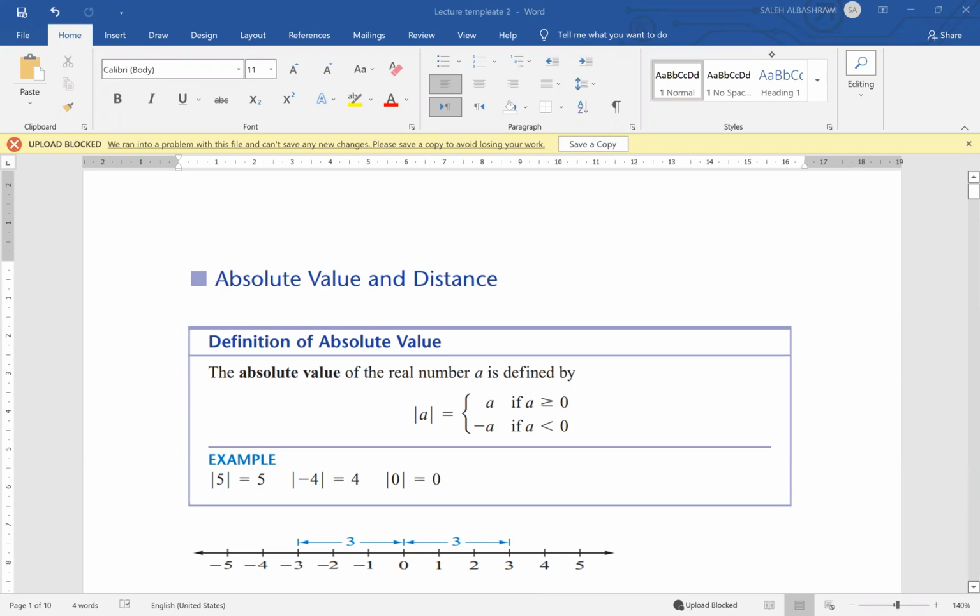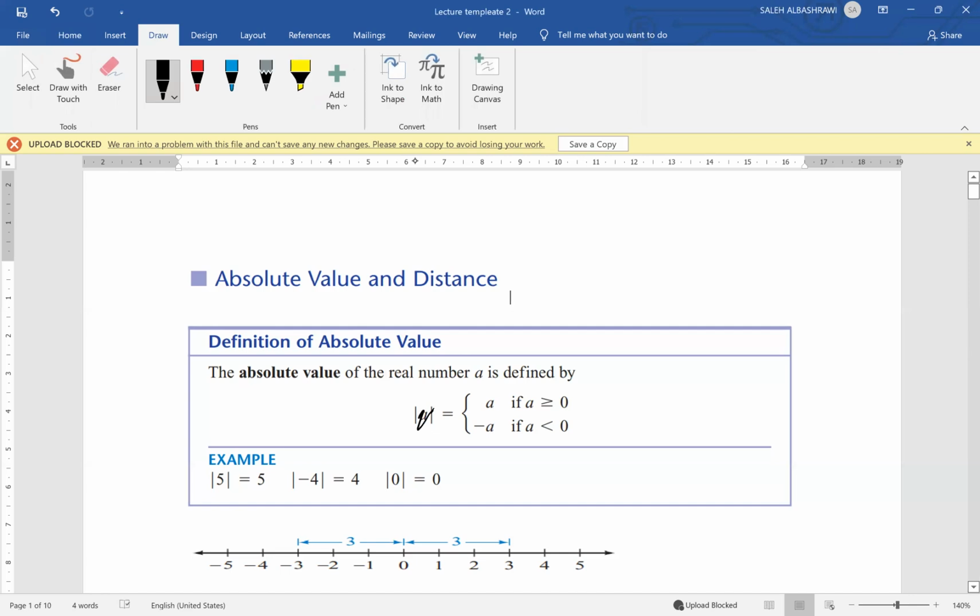The absolute value of the real number A is defined by |A|. This is the notation for absolute value.